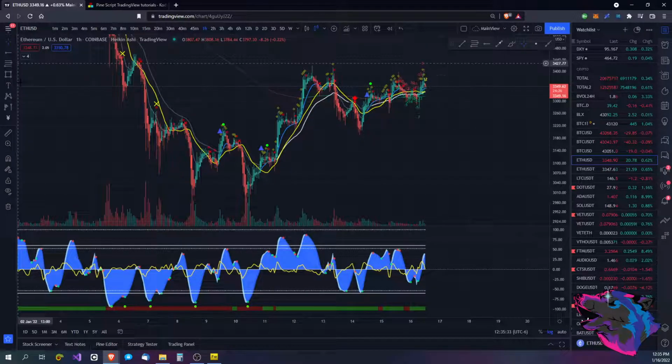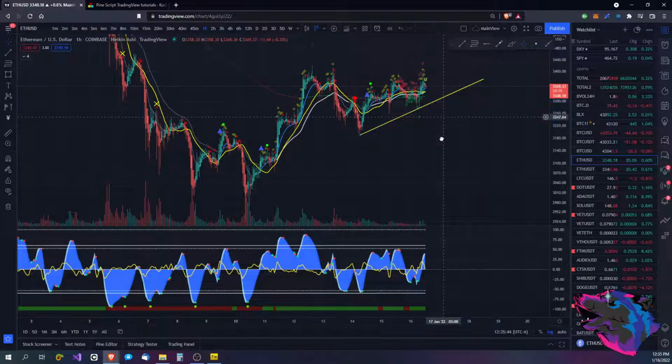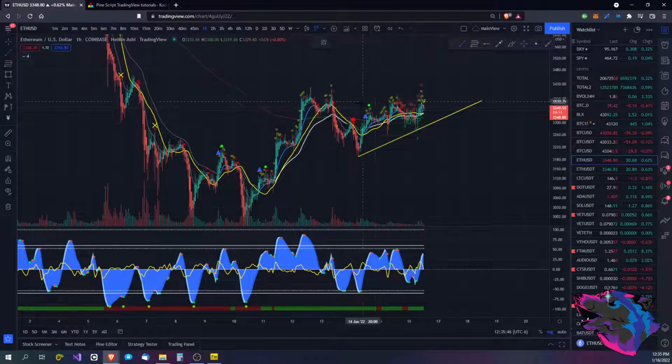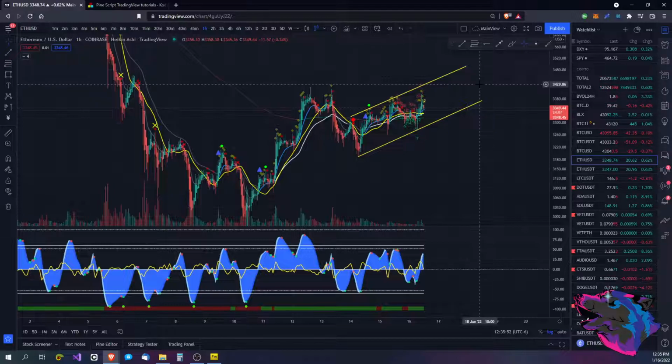Now, the first simplest thing would be drawing some little lines here, some happy little lines, drawing some immediate short term, at least in the sense of the hourly, support and resistance, which kind of gives us this little channel here.